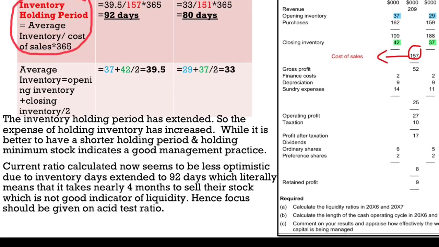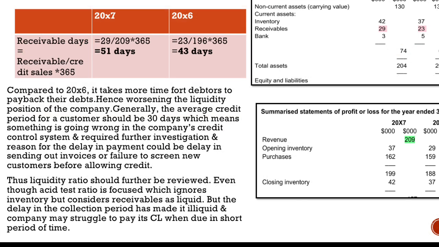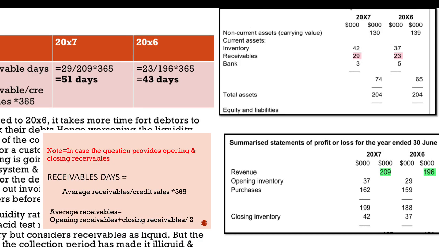Similarly, we'll be doing receivable days, that is receivables divided by credit sales into 365 days. So here the receivables are just closing receivables, so we will not take the formula that is actually found in your text, that is average receivables divided by credit sales into 365. That is in case opening and closing receivables are given.